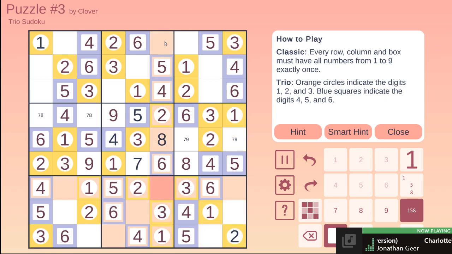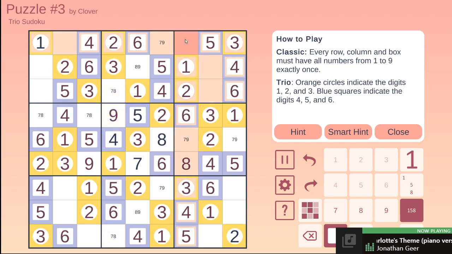This is a 7, 9 pair as well. This is an 8, 9 pair. And this is a 7, 8 pair. Good.